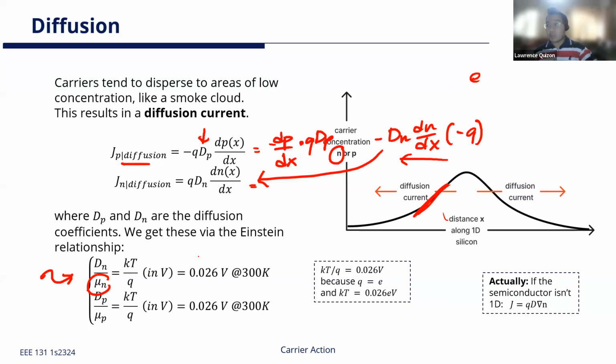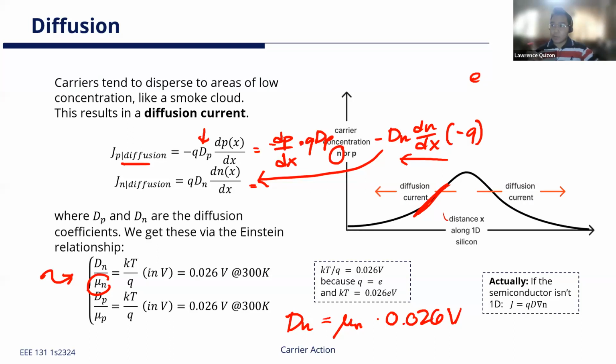The electron mobility is related to kT over q, no, which is 0.026, but in volts this time, not electron volts, is proportional to Dn over mu n, no? So really, this equation would tend to be used like this, no? So Dn equals mu n times 0.026 volts, no?